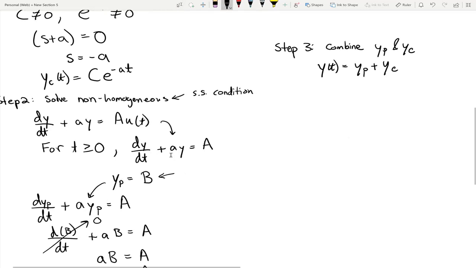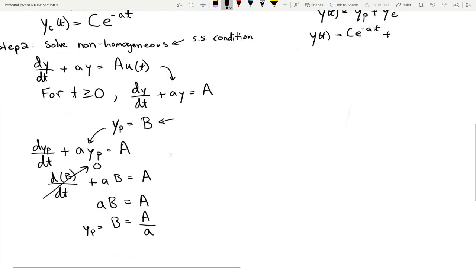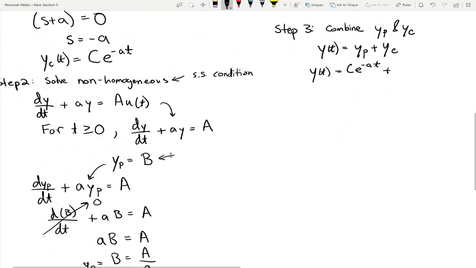Right now, y of t is equal to my complementary solution, c e to the negative at, plus my particular solution, capital A over little a. I should be careful, because given the way this is defined, really I have A times u of t, because nothing's ever happening before time t equal to 0. So that u of t is important.